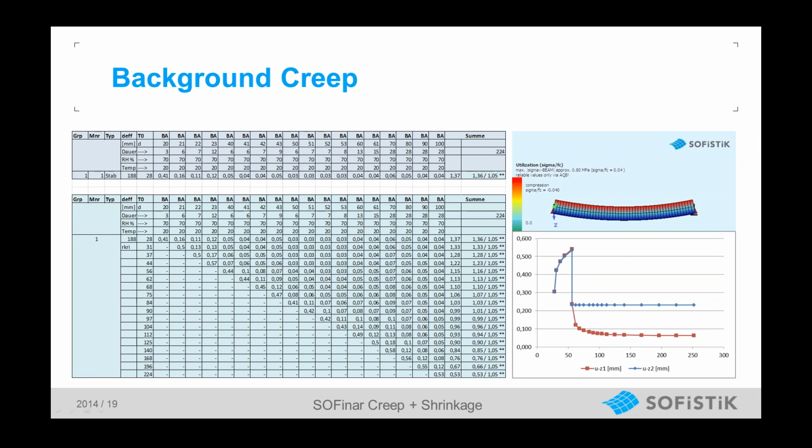Then we unload our system, and the blue line simply subtracts the linear elastic displacement and then remains on the displacement based on the creep. And the brown line will decrease in displacement based on the real creep calculation.